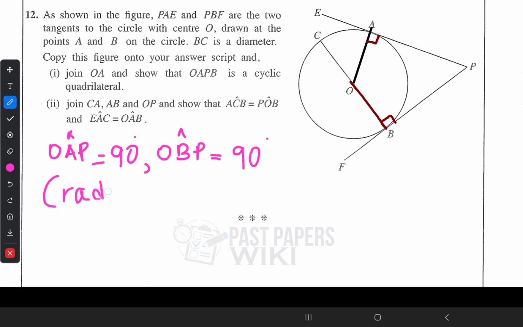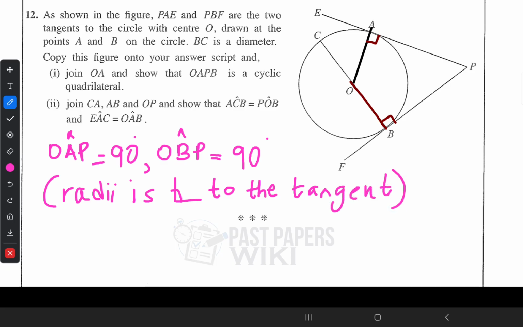Radii is perpendicular to the tangent. That's the only reason we need to write over here. This one and this one are 90 degrees. So that means the sum of these two equals 180.